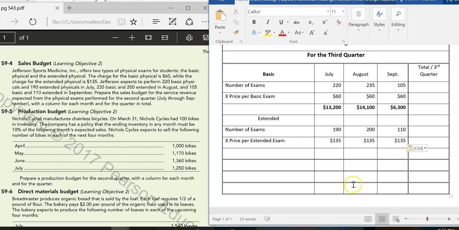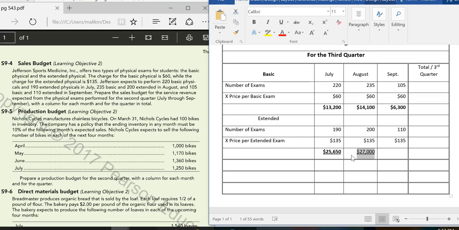Right. So now you will take your calculator and multiply these two items. Let's do the July one. 190 times 135, and what I got is 25,650. Let's take the other one, which is August. August, I found 200 times 135 is 27,000.